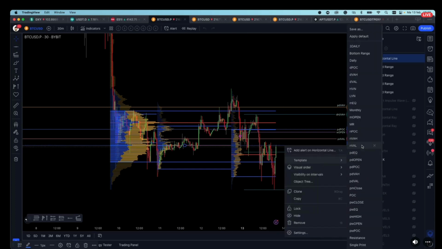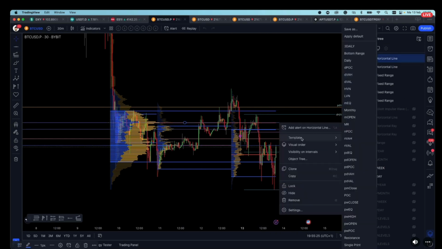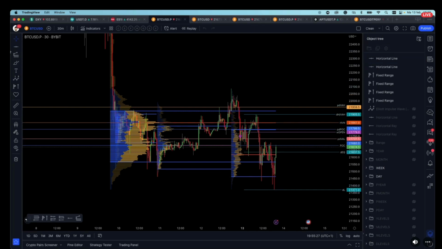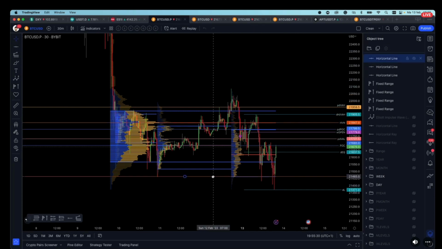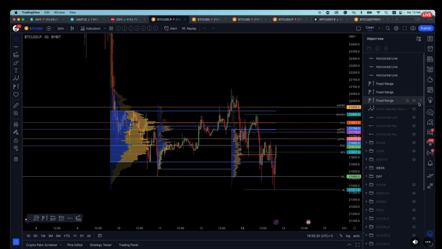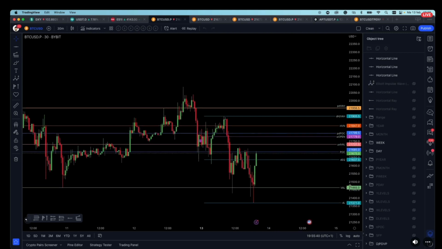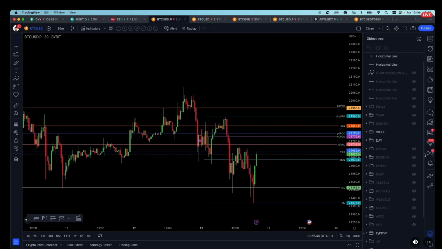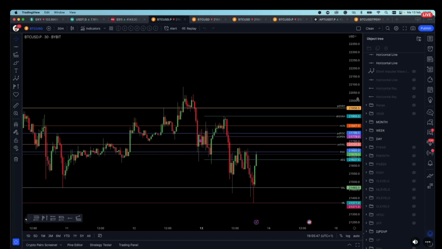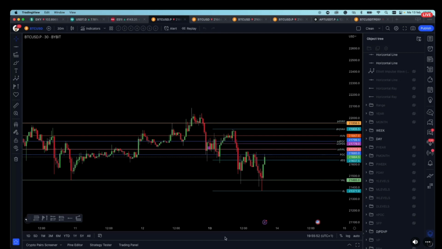I would probably place my point of control here, and this would be a high volume node, and then this would be a value area low. Yeah, so monthly equilibrium here.